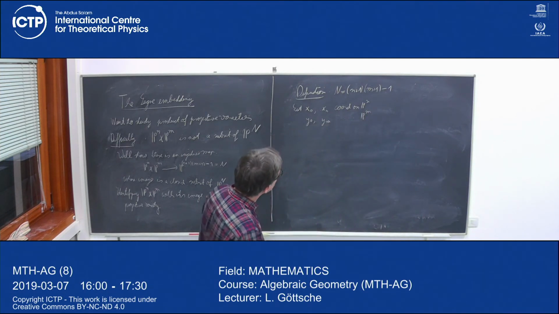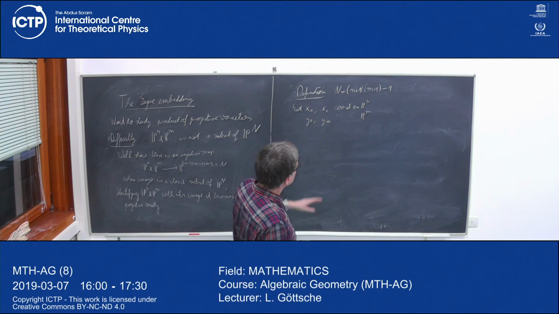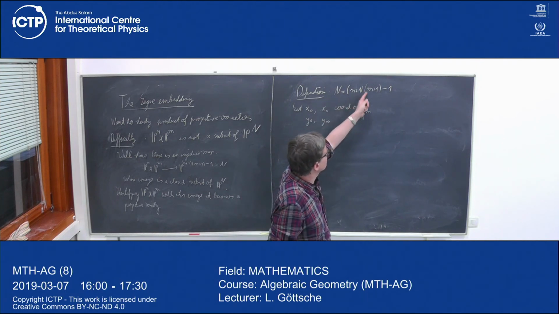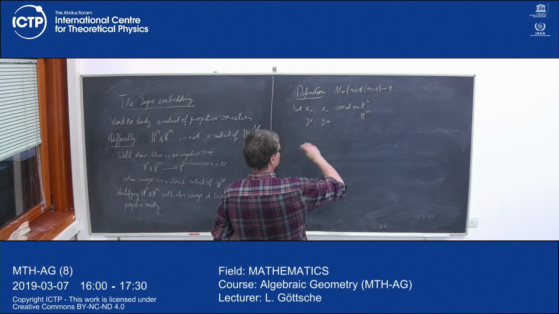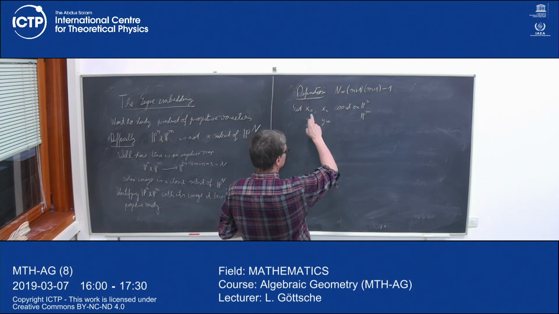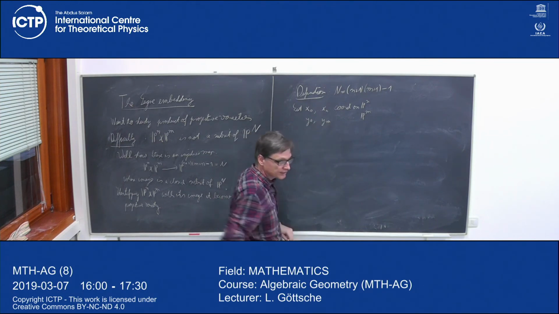The number of coordinates here would be n plus 1 times m plus 1, because the dimension of the space is 1 less. So they correspond to pairs of numbers ij, with i between 0 and n, and j between 0 and m.